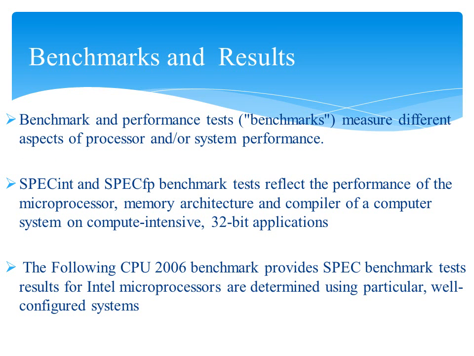Coming to the benchmarks and tests, here we found various benchmark tests, and the main benchmarks are SPECint and SPECfp benchmark tests. They reflect the performance of the microprocessor, memory architecture, and compiler of a computer system and compute-intensive 32-bit applications.